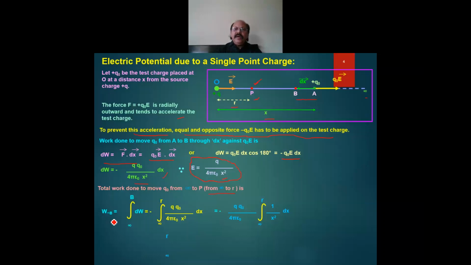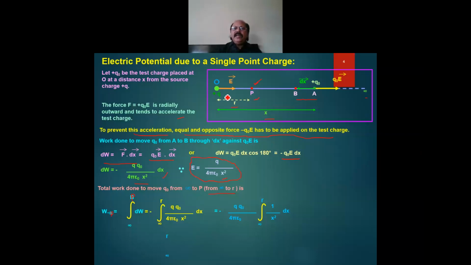So W infinity P equal to the integral of dW from infinity to small r, where small r is the distance of P from plus Q charge.